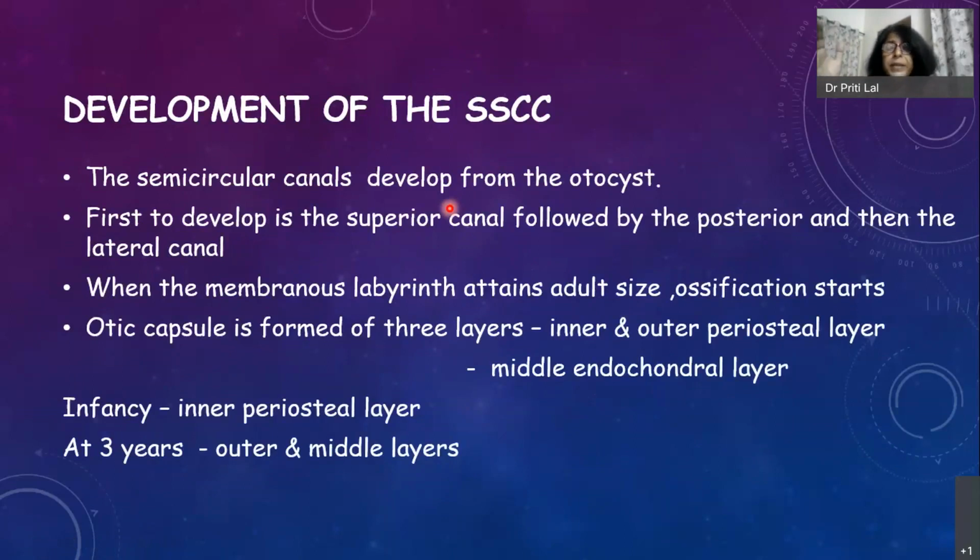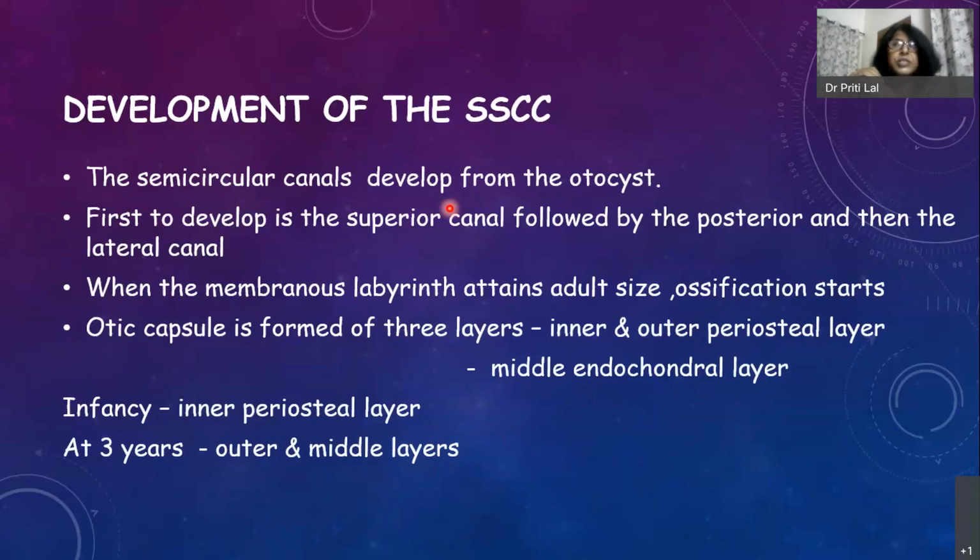Now, when this membranous labyrinth attains adult size, that is when ossification of the labyrinth begins. The ossification happens from inside to outwards, and the completely formed bony otic capsule is formed of three layers: an inner and an outer periosteal layer, and there is a middle endochondral layer.